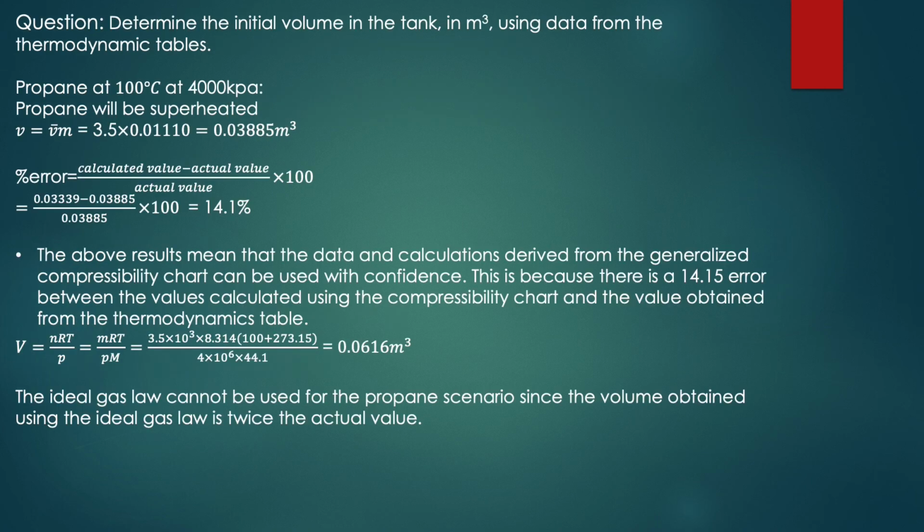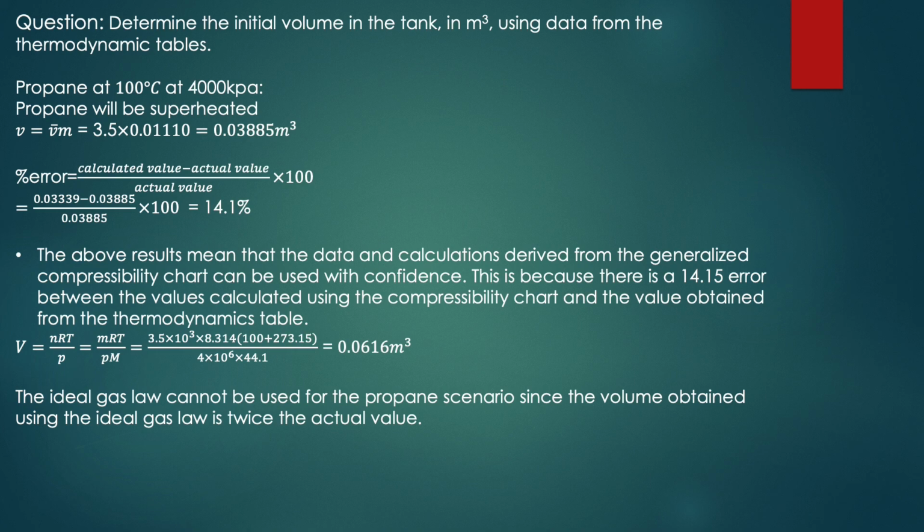Question 4.2 asks us to determine the initial volume using the thermodynamics table, which we found that propane at 100 degrees Celsius and 40 bars of pressure, propane will be superheated. We calculated the initial volume as the product of specific volume and mass.